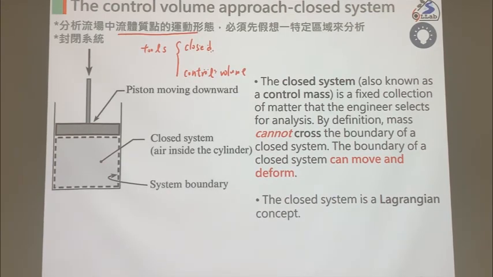One is the curl system, another is the control volume. On Friday, I will introduce more details, and I will tell you the certain definitions. Okay, so today we stop here.